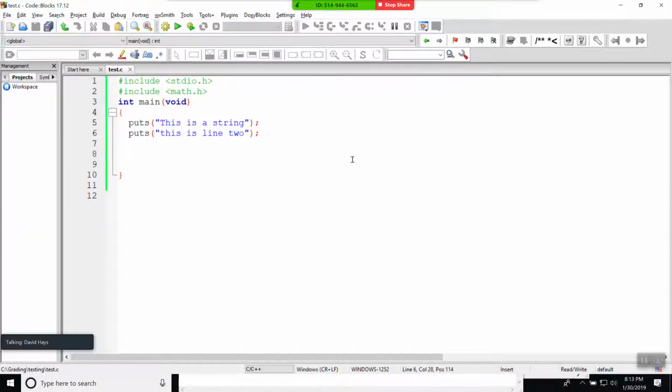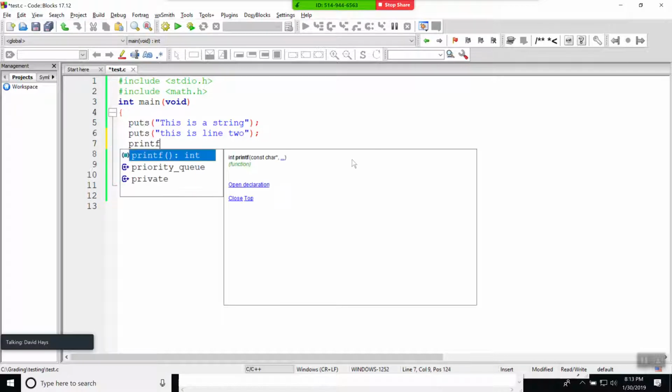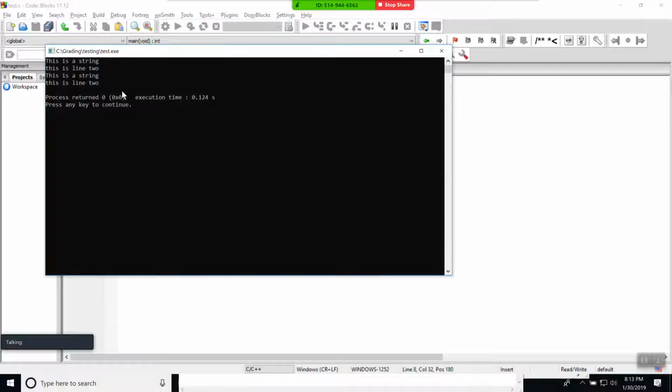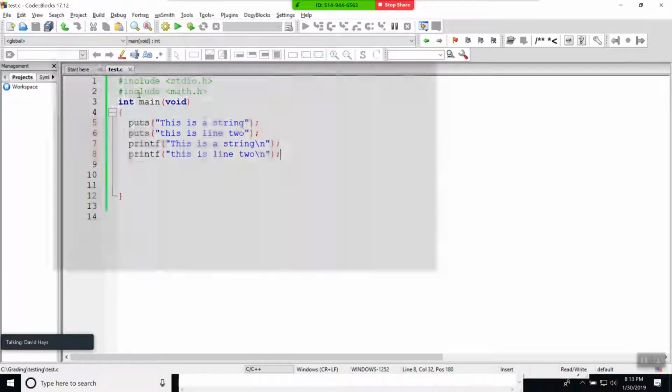No different in this case, except for this is line 2 \n. You see it gives you the same result. The benefit of this is that it makes it a little bit more flexible in future programs. We'll see why you'd use that.